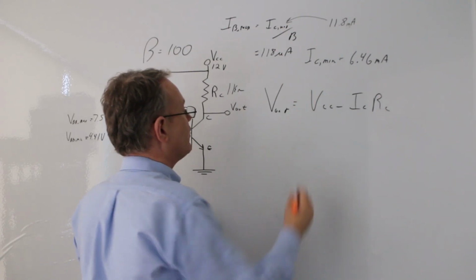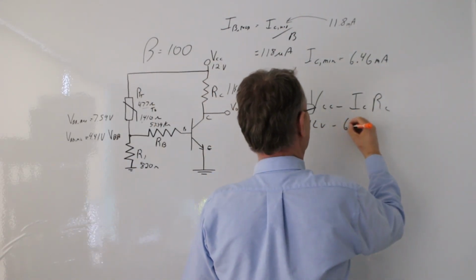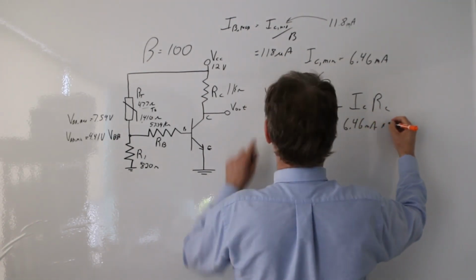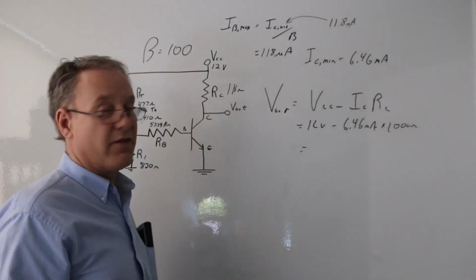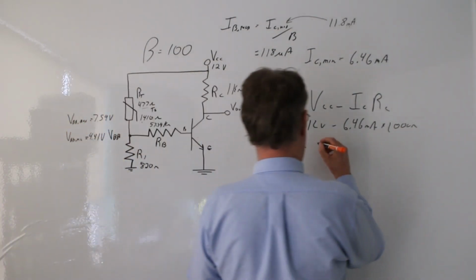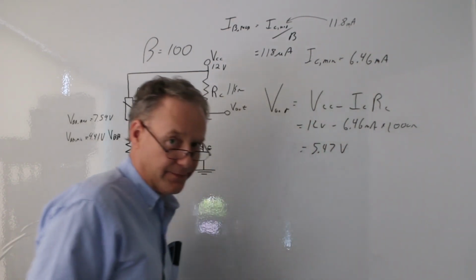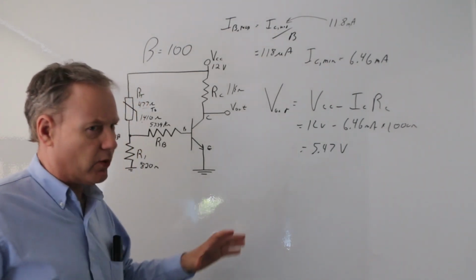Okay, good. So my V out is going to be 12 volts minus 6.46 milliamps times 1,000 ohms, and that is 5.47 volts. Okay, so we're kind of done this, although we have a little bit more to talk about from the Arduino side.